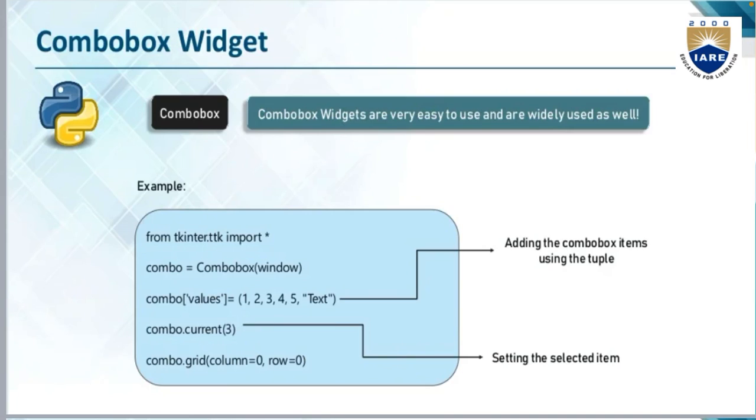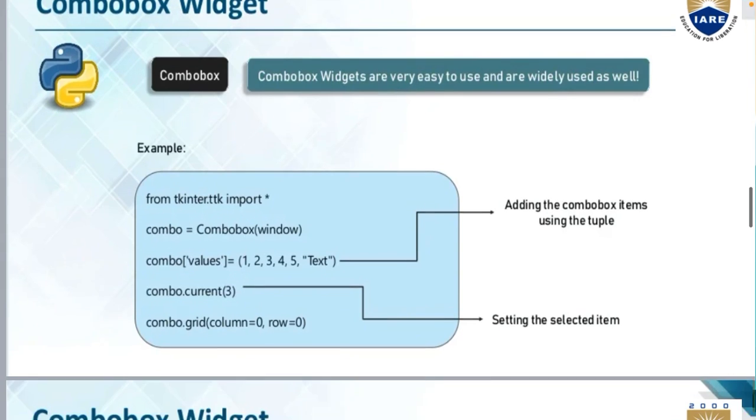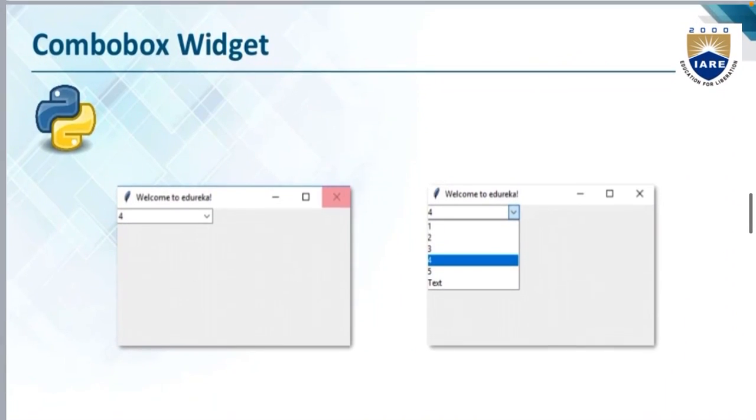Comma values, we should set the values, that are 1 2 3 4 5, comma text, and combo.current is equal to 3, set in the selected item, and combo.grid. Grid is a method used for placing the combo box in a window and defining its position, and the output goes like this.